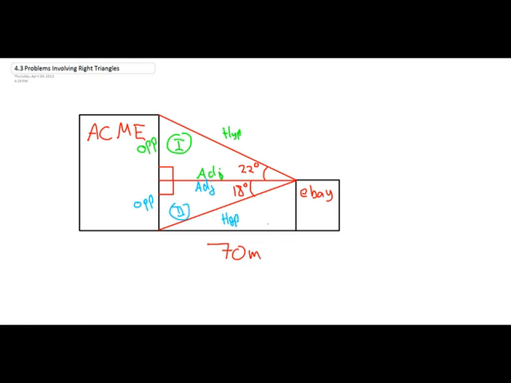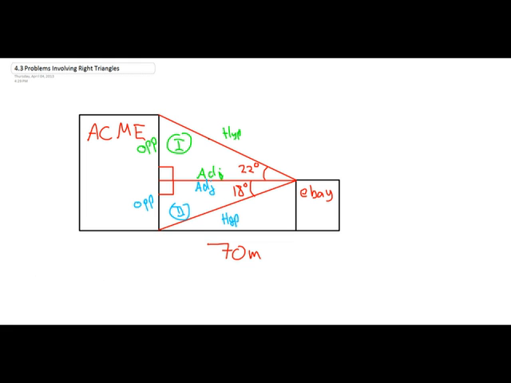So what we have is enough information now to solve for the height of Acme and the height of eBay. Notice that the height of eBay is the same as the opposite side length of triangle 2, and the height of Acme is the opposite side length of triangle 1 plus the opposite side length of triangle 2.